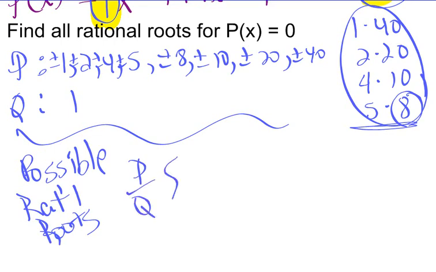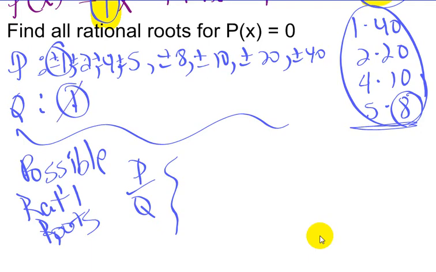Okay, now to do that, we're going to take all our p values, positive and negative, and put them over q. Well, in this instance, our q is 1. So everything over 1 is just itself. So all of the p's over q's, we would have had 1 over 1, positive and negative 1 over 1, positive and negative 2 over 1, positive and negative 4 over 1. I'm not even going to deal with that.